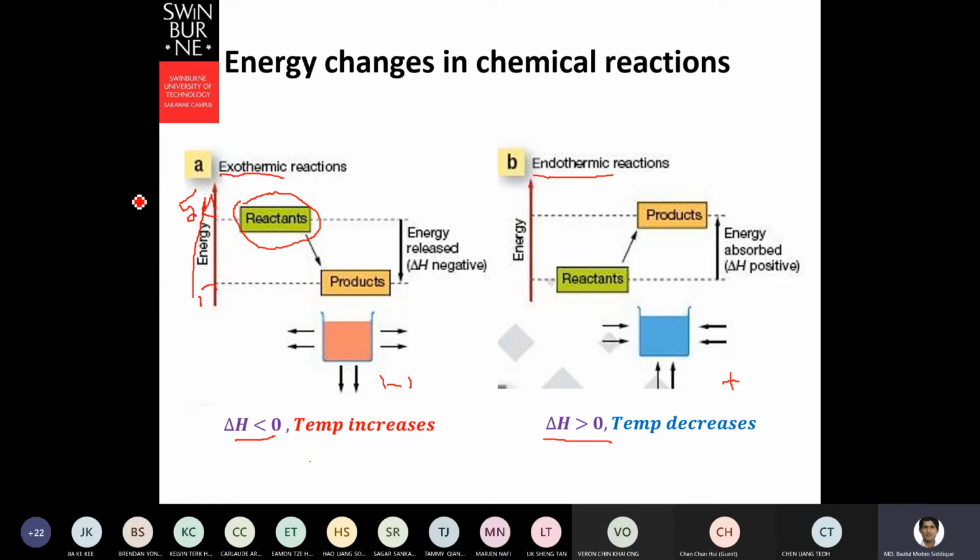So the reactant enthalpy is more than the product, and since the difference is here, the product has less energy than the reactant, it is exothermic. The opposite is true for endothermic, where the product has higher energy than the reactant.